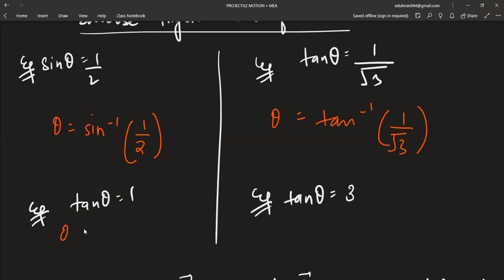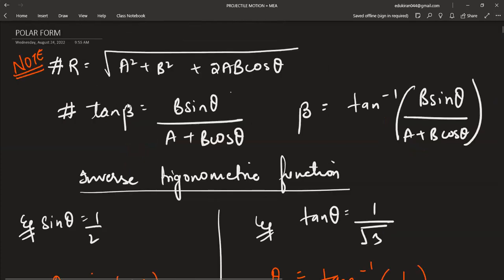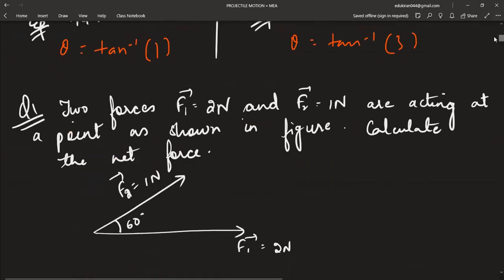So similarly, here we have beta. When you have to find out this beta, it would be tan inverse of b sine theta by a plus b cos theta. Fine. Then write down this question.